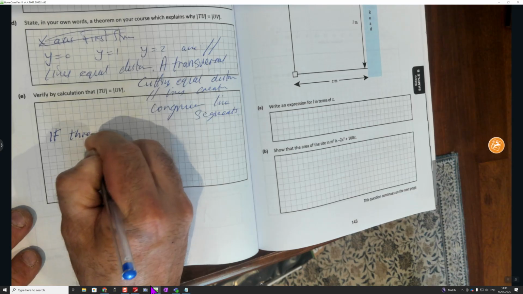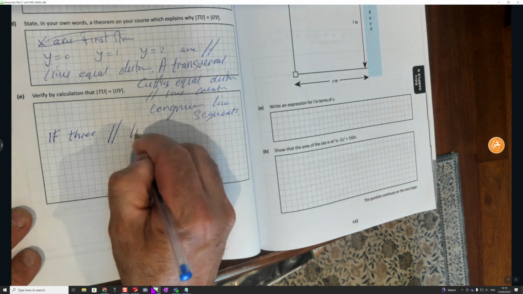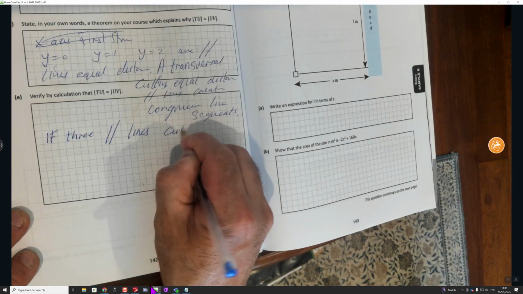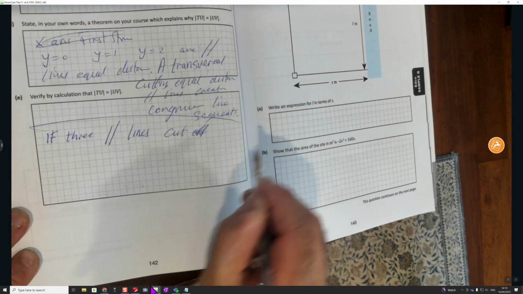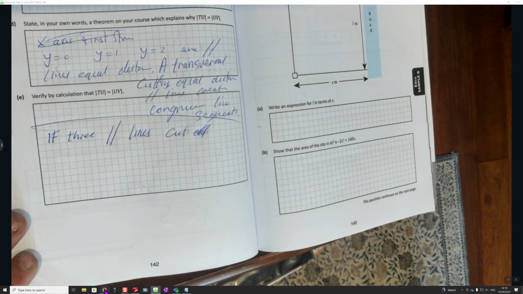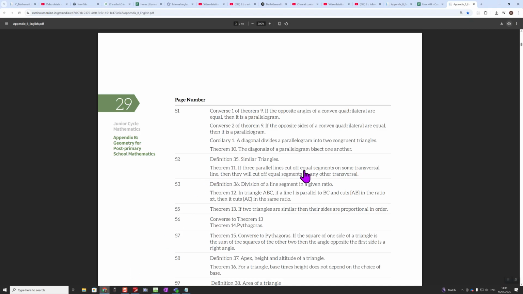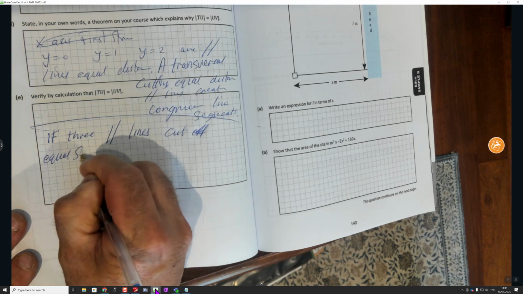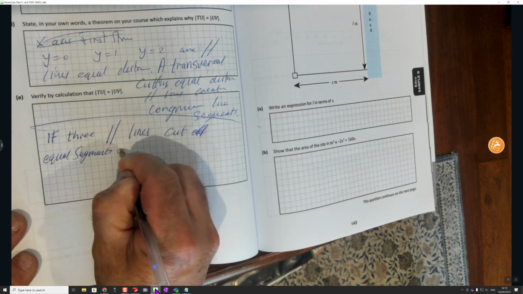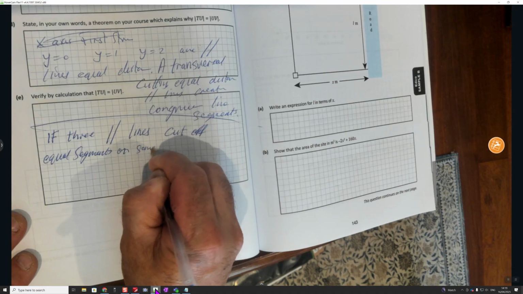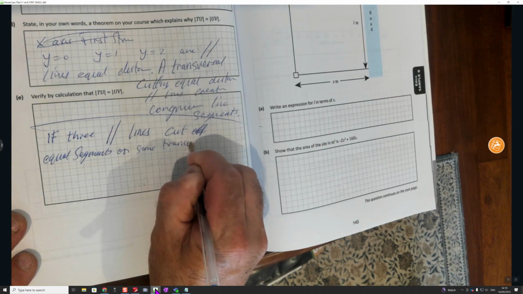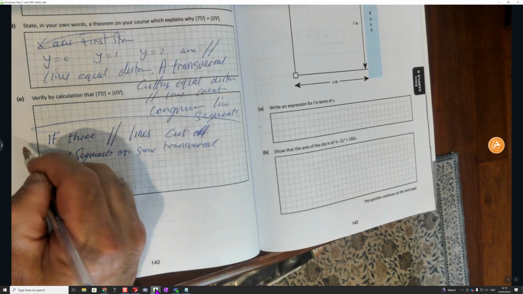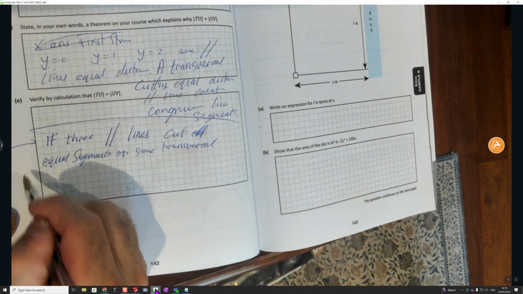If three parallel lines cut off equal segments on some transversal. Remember, notice the if and then there'll be a then statement.